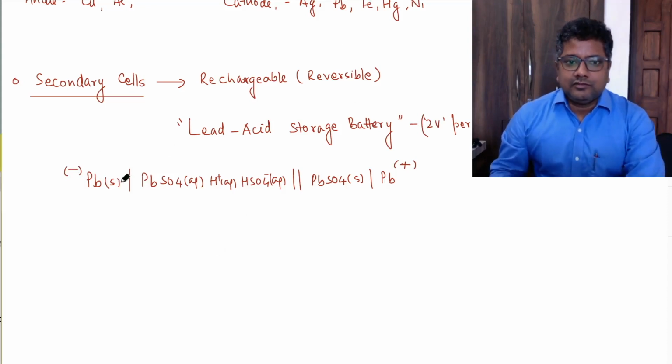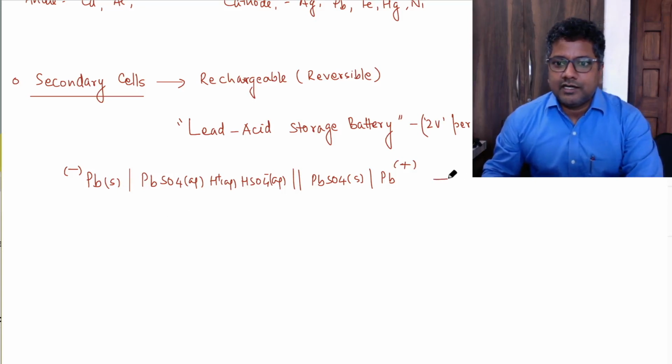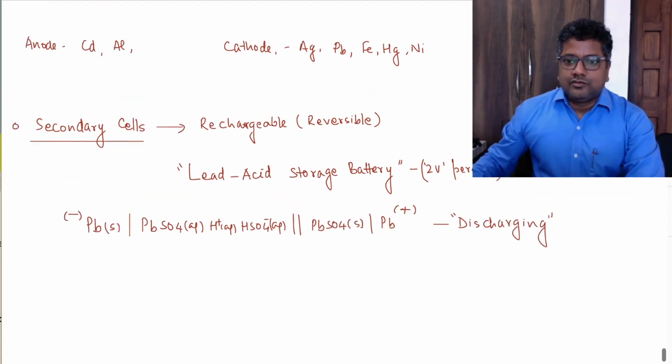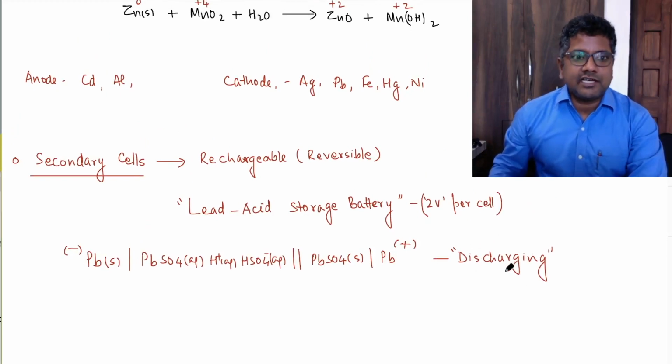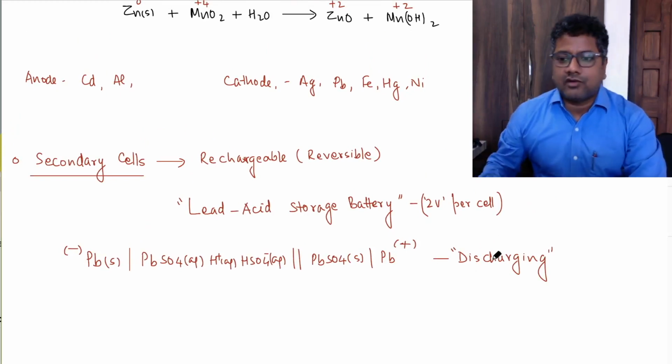And this representation I have shown here is when this is discharging. This is the representation when this is anode, this is cathode. When there is discharging, chemical energy is converted into electrical.